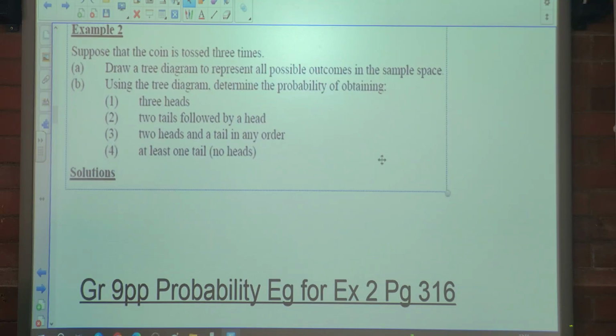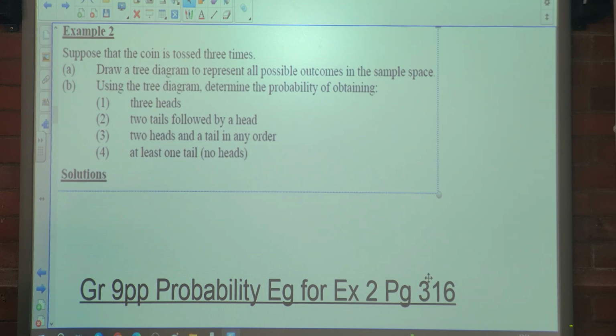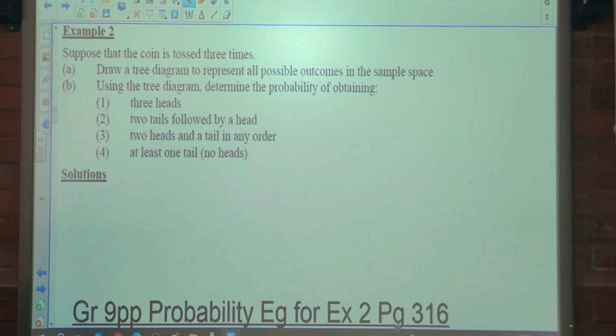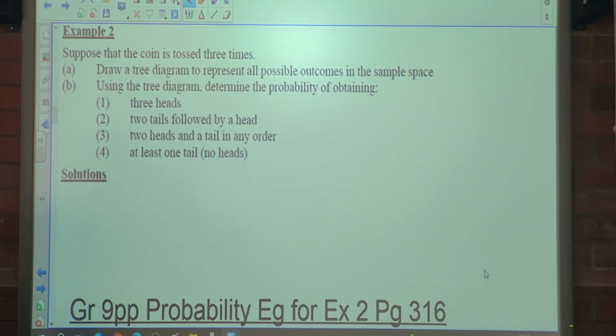Now, we're not talking about a two-way table; it's only talking about a tree diagram. With the two-way table, you can only have 2 events happening. Can you see that? Whereas with a tree diagram, you can have many things happening at once. You guys understand?